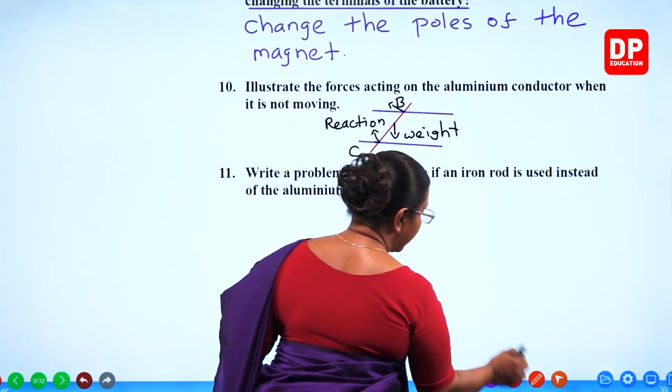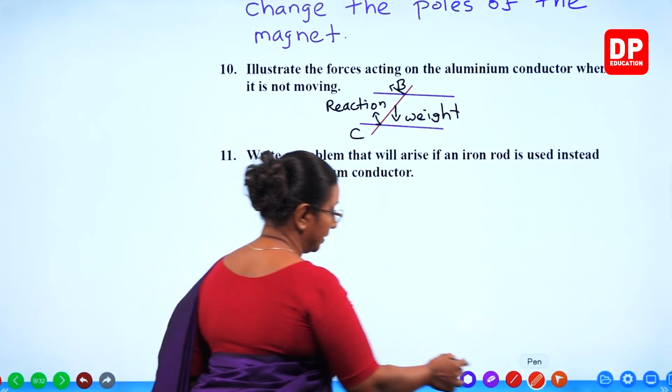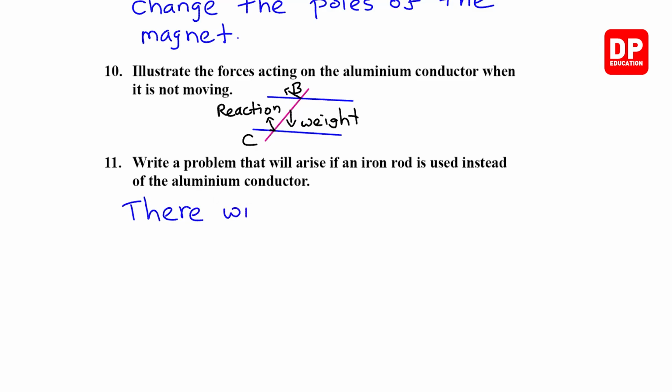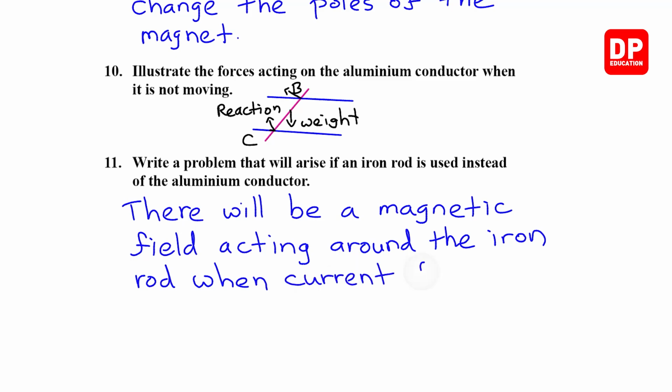So here, write a problem that will arise if an iron rod is used instead of the aluminium conductor. Here you can say that there will be a magnetic field acting around the iron rod when current flows through it.